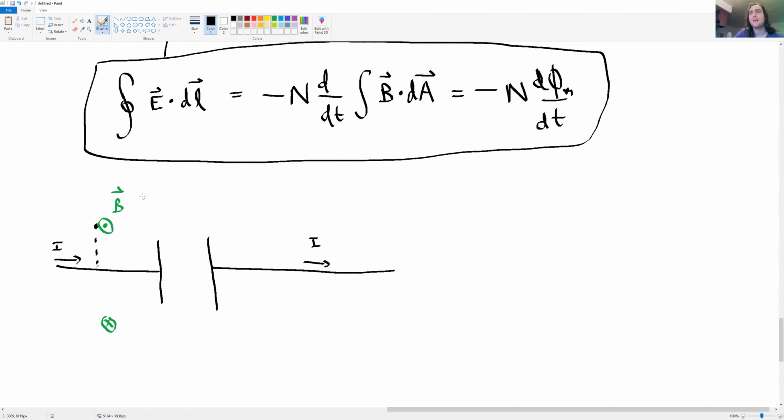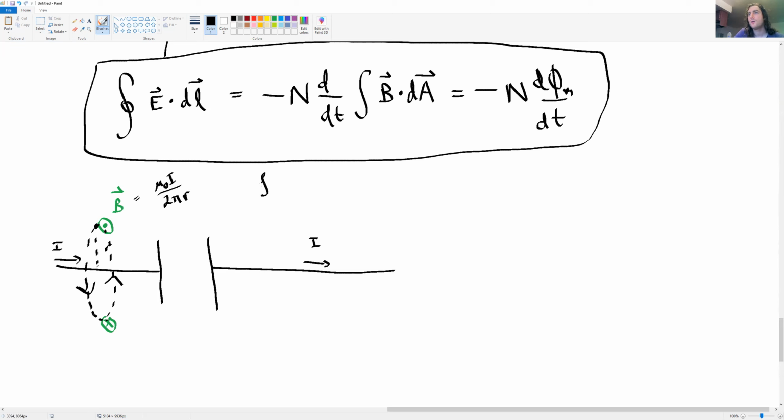The magnetic field there is given by the expression mu0 I over 2 pi r, where this distance here is r. We can apply Ampere's law to get that answer. Ampere's law says take a closed loop like this and go around it in the same direction as the magnetic field.